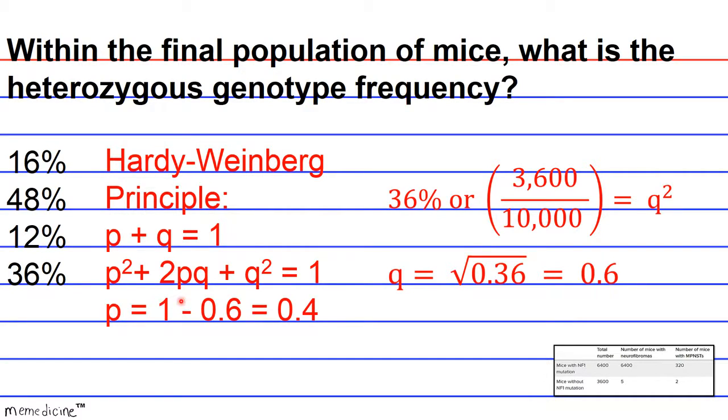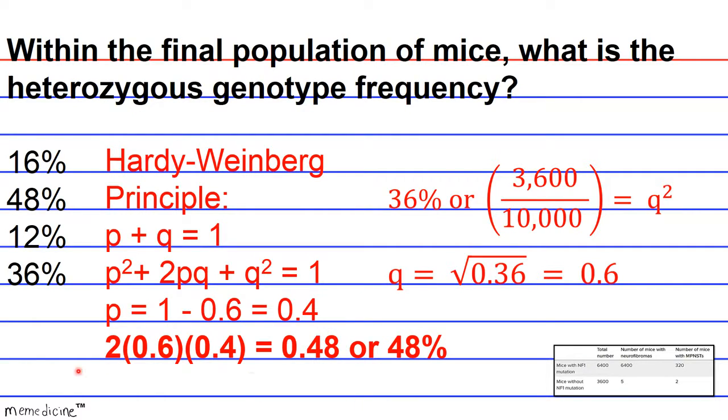So in order to arrive at this, we have to solve for P, and we can take this equation to solve for P. So 1 minus 0.6, or the frequency of recessive alleles in the population, is going to give us the frequency of dominant alleles in the population. Okay, so that's going to be equivalent to 0.4. All right.